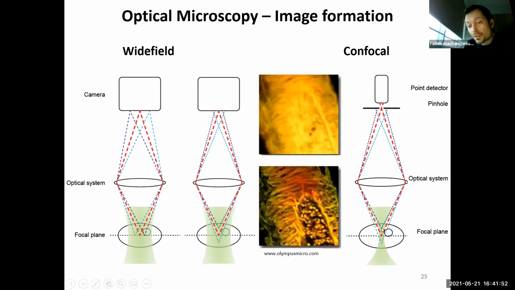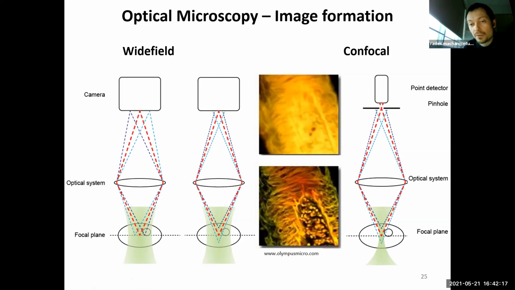The light which is coming from out of focus will be defocused in the plane of the pinhole. So only a small portion of that light can go through the pinhole. Most of it will be blocked here. So that's how I can block the out of focus light.